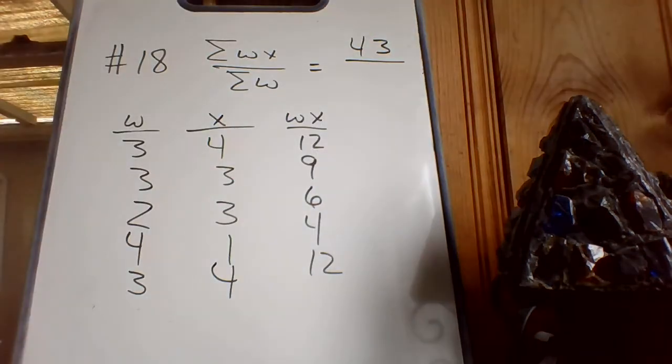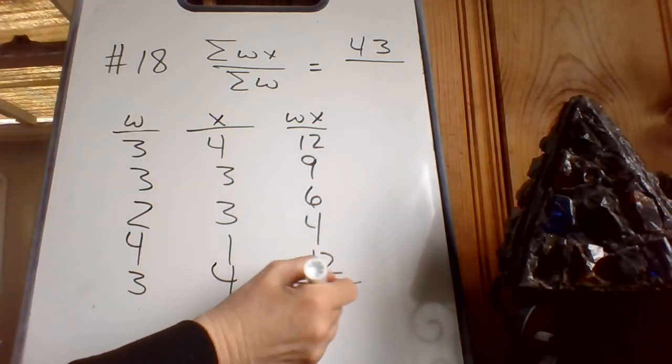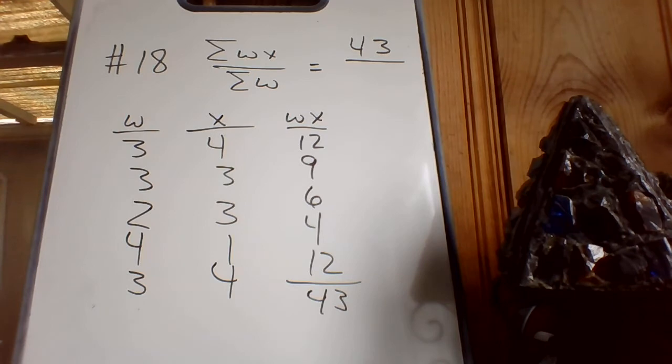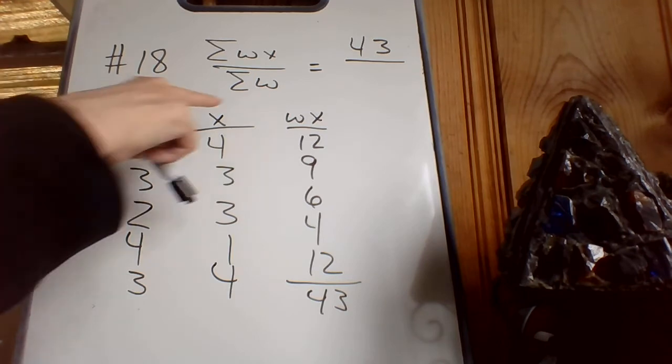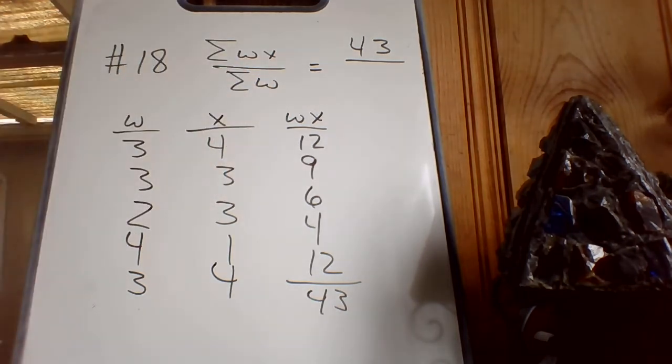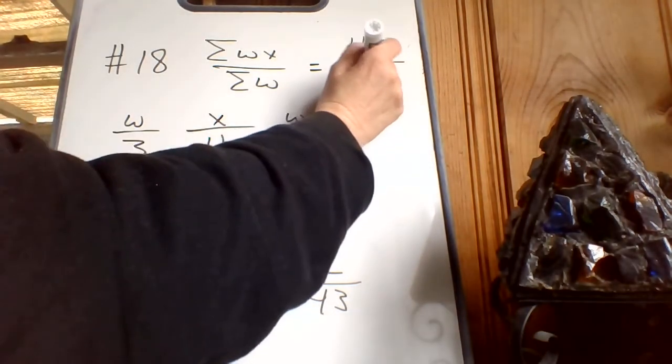So that's what they asked me to do for the numerator. Multiply column W times column X, add it all up, and that's the numerator. Denominator says add up all of the W's. Okay, so this is 15 hours. 15 hours of class. That was the denominator.